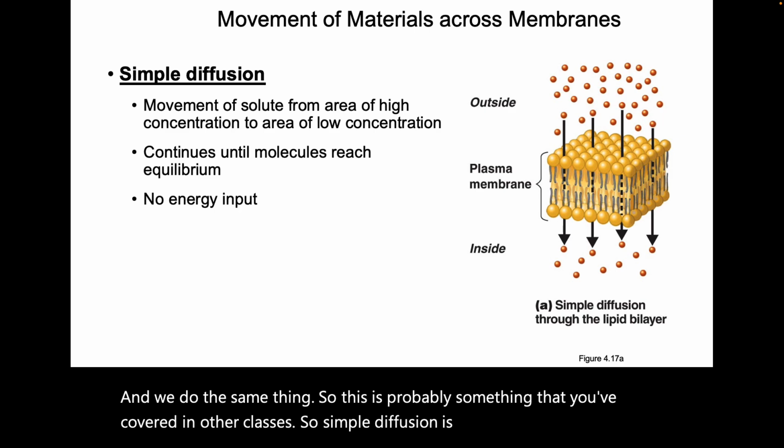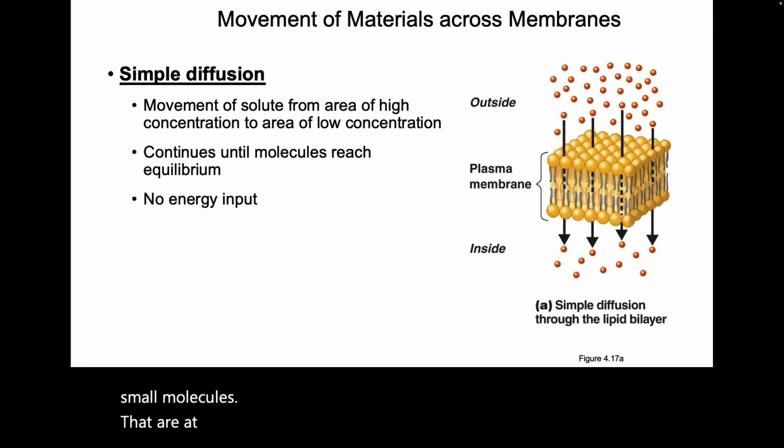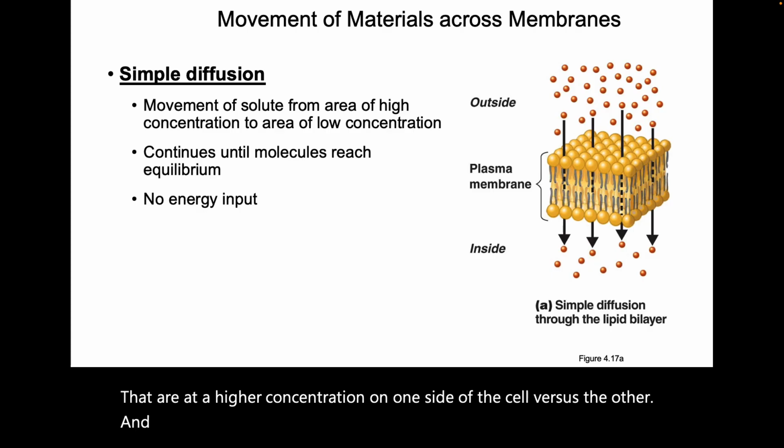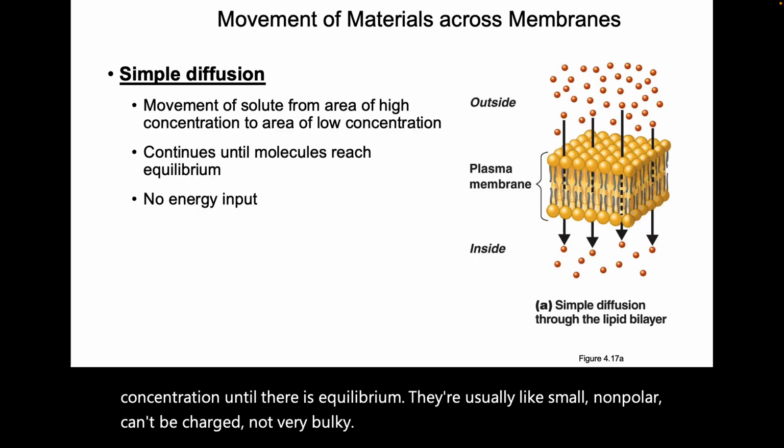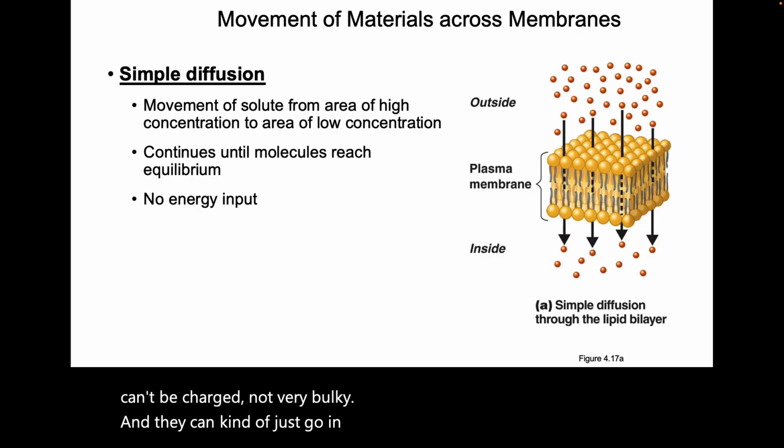You have very small molecules that are at a higher concentration on one side of the cell versus the other. And they will travel from that area of high concentration to an area of low concentration until there is equilibrium. They're usually small, non-polar, can't be charged, not very bulky, and they can just go in and out as the concentration requires for equilibrium.